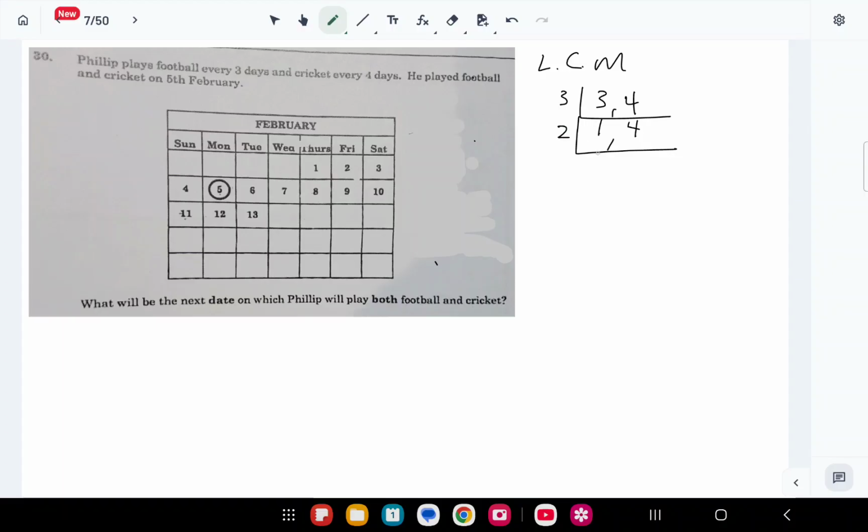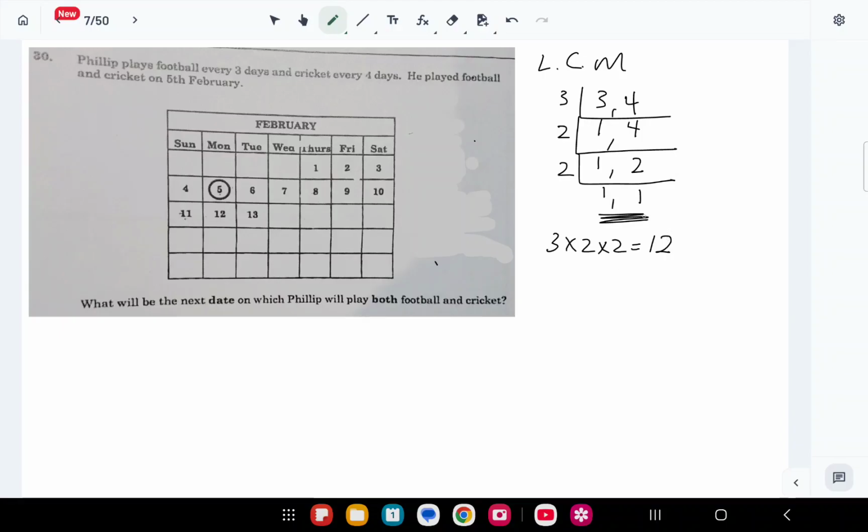Divide by 2. 2 cannot go into 1, so you put the 1; 2 can go into 4, 2 times without leaving a remainder. Divide by 2 again. 2 cannot go into 1, so you put back the 1; 2 can go into 2 one time. We end up with all 1s, so we have finished. So you see 3 multiplied by 2 multiplied by 2: 3 2s are 6, 6 2s are 12.